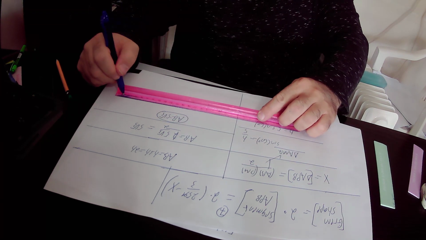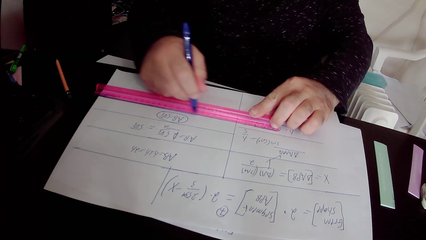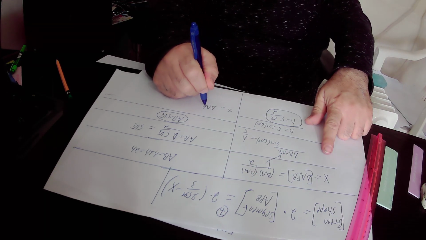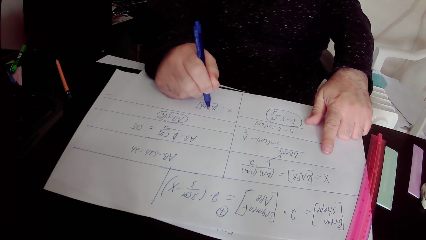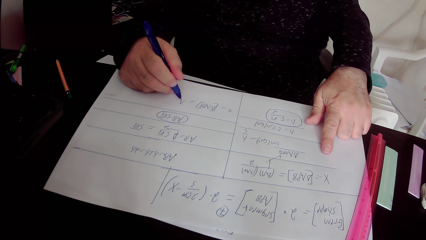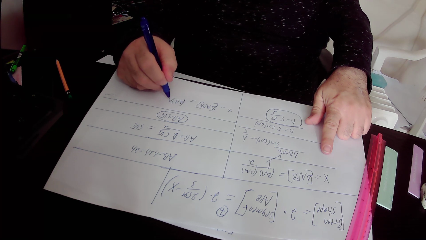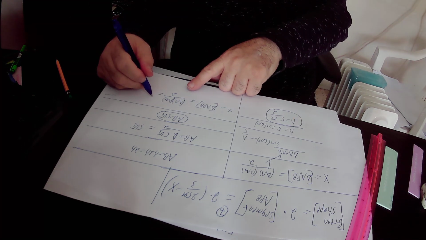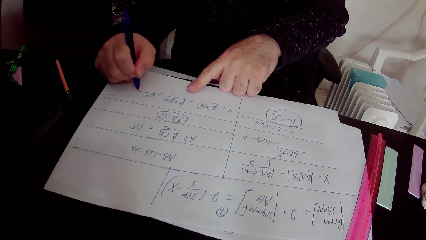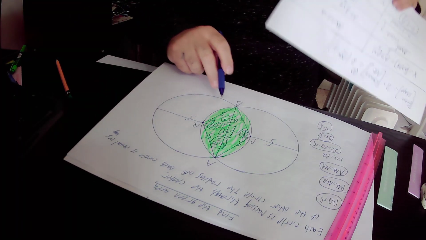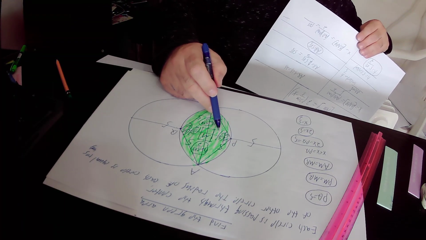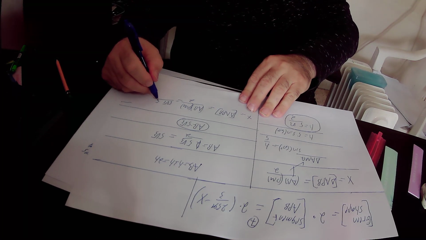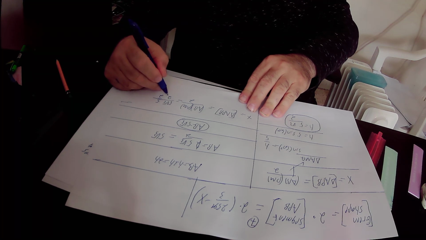X, that is actually equal to the area of triangle APB, will be equal to AB times PM over 2. AB, we just found out, equals 5 times square root of 3 units. And as you can see here, PM equals 5 over 2, all divided by 2.